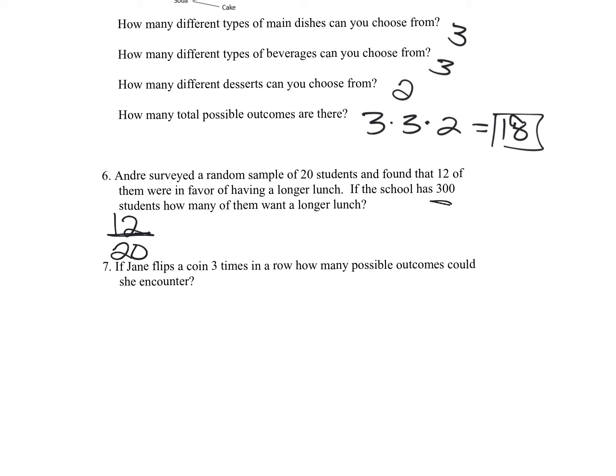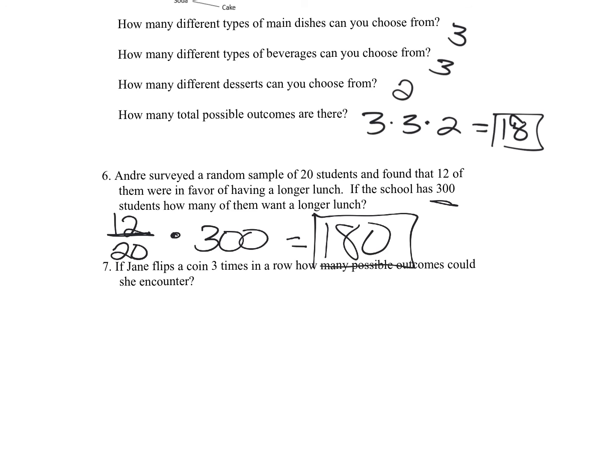And now we have 300 students, so we're just going to go 12 out of 20 times 300. So 12 divided by 20 times 300. I just typed it in all at once in my calculator, and I got 180. So that's my answer. 180 out of the 300 want a longer lunch.